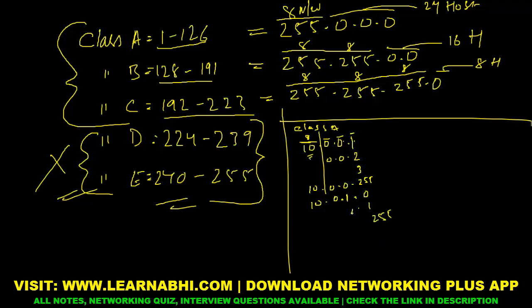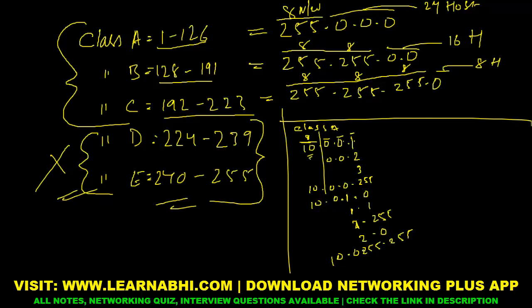Okay, and once it reaches 255, this address is going to become 2 and it is going to start from 2.0. Again it keeps going till 255. Okay, these things are going to continue until it reaches 10.0.255.255.